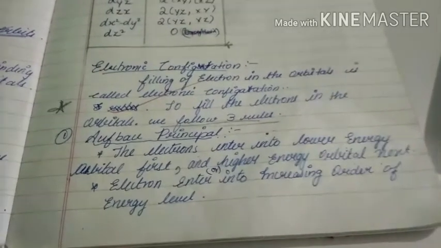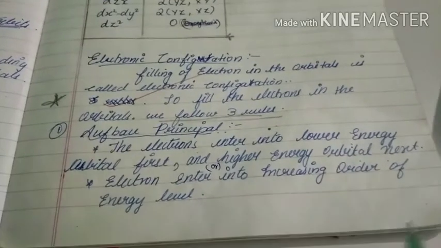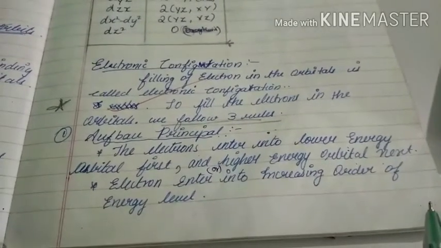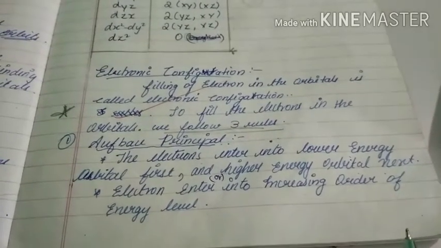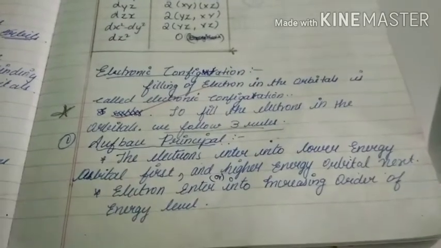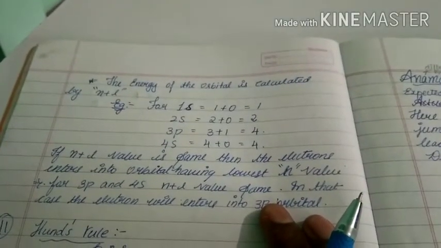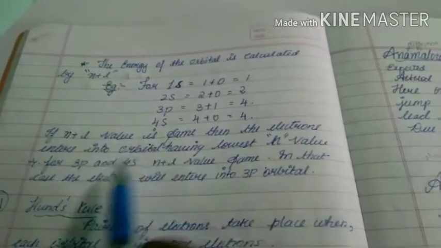Here we have to know one more point: how can we find the energy of the orbital? The energy of the orbital is calculated by n plus l value.